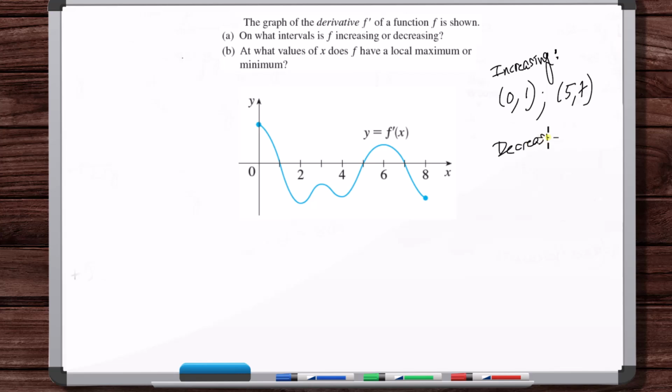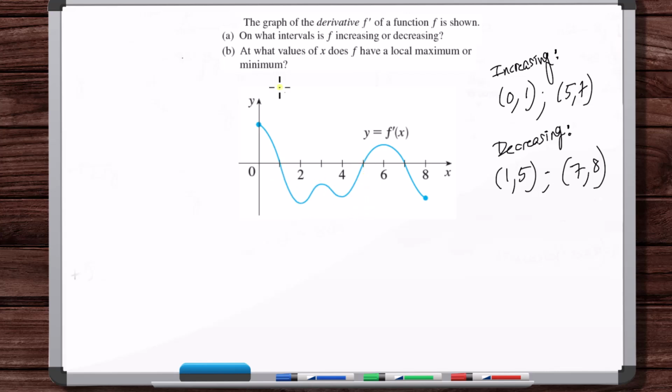Decreasing on the interval from 1 to 5, and from 7 to 8. They're trying to confuse you with all this waviness here. This must mean something, right? They drew all this detail. It has to mean something.